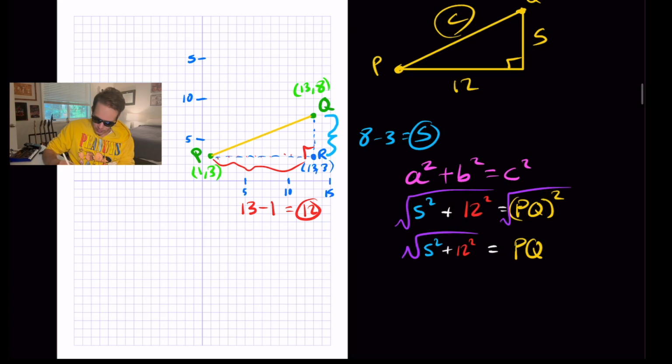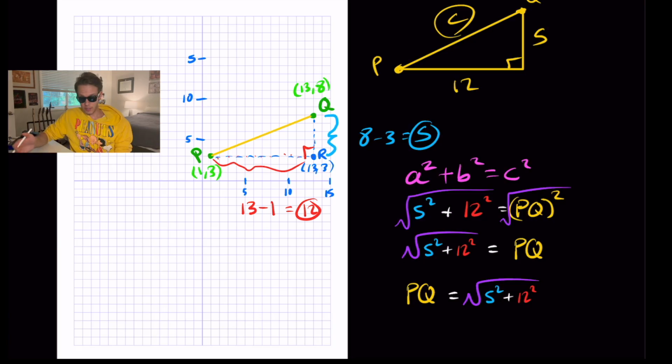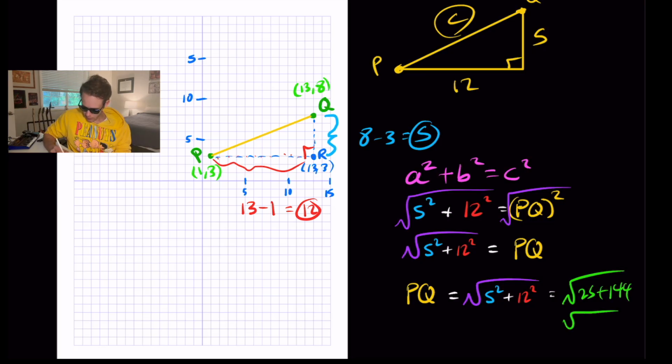And if I just wanted to rearrange this, I could write it like this. So PQ is equal to the square root of 5 squared plus 12 squared. And if we wanted to solve it, right, this would just be equal to the square root of 25 plus 144. Square root of 25 plus 144 is the square root of 169. And the square root of 169 is 13. So the length of PQ, or the distance between those 2 points, is going to be equal to 13.